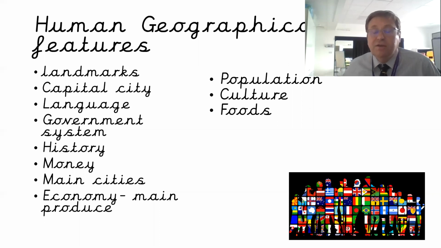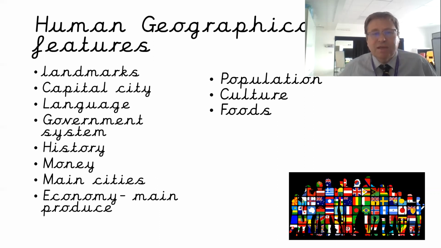What's the economy like? What are their main produce? Is it the same throughout, or do different parts of the country produce different things? I'm sure you can all work out some of the main things different parts of France's economy is based on, be it tourism or wine or champagne or food. So what is the economy of France?